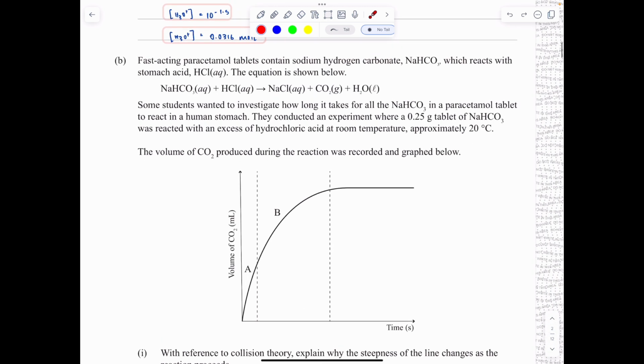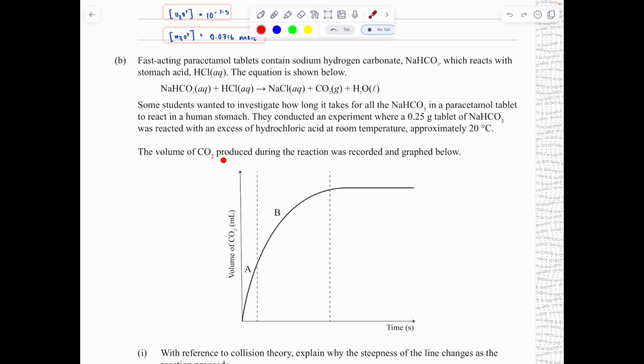Next question. Fast-acting paracetamol tablets contain sodium hydrogen carbonate, which reacts with stomach acid. The equation is shown below over here. Some students wanted to investigate how long it takes for all the sodium hydrogen carbonate in a paracetamol tablet to react in a human stomach. They conducted an experiment where a 0.25 gram tablet of sodium hydrogen carbonate was reacted with an excess of hydrochloric acid at room temperature, approximately 20 degrees Celsius.